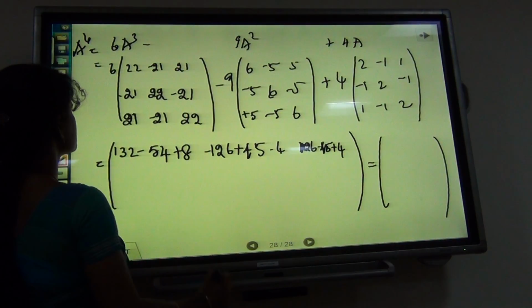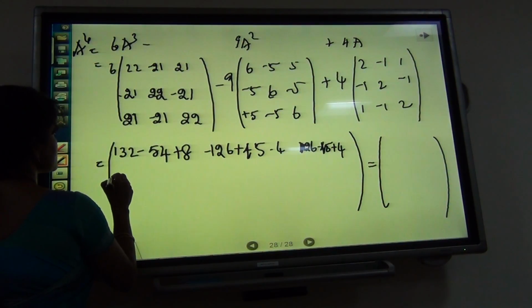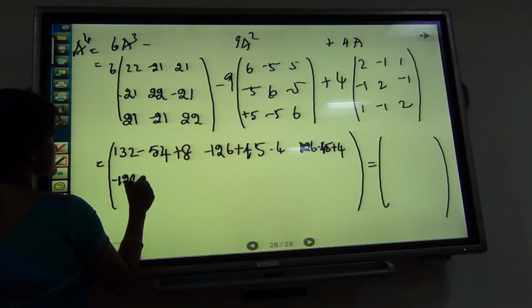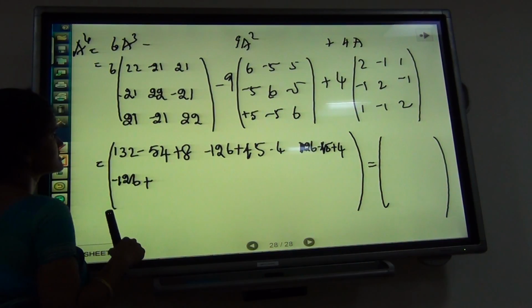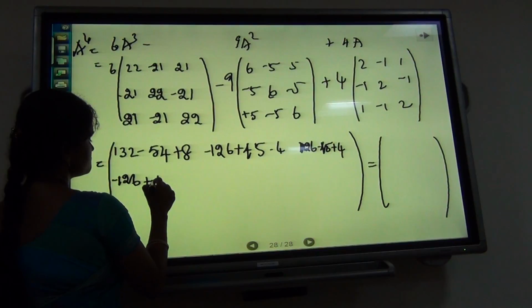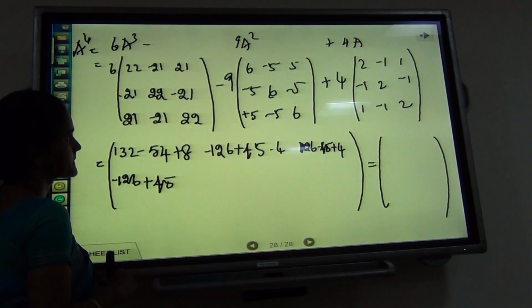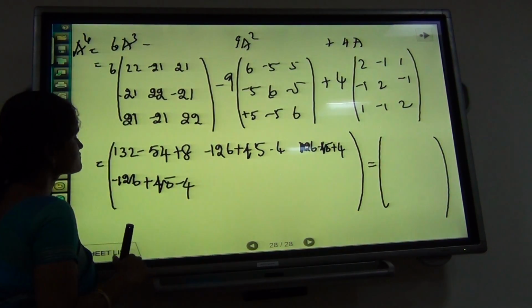Again this is minus 126 plus 45 minus 4.